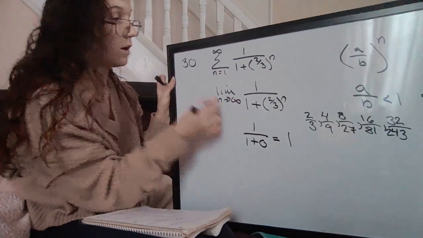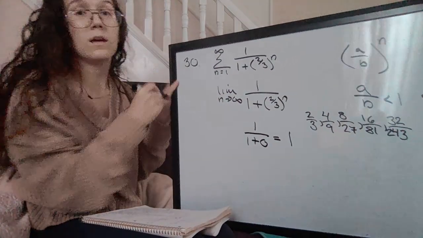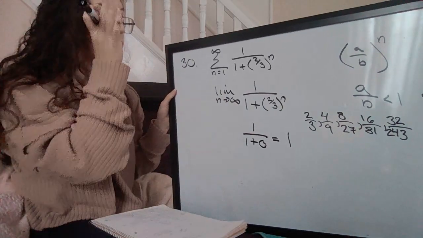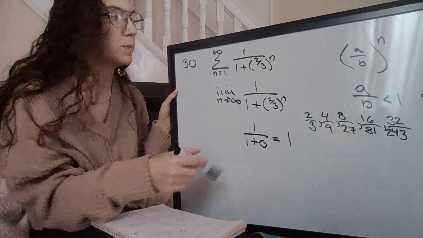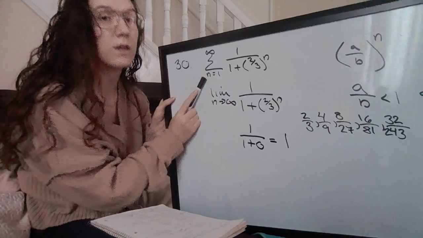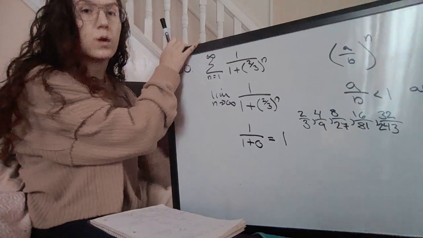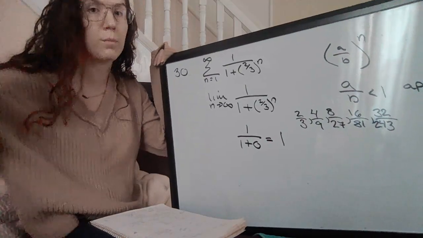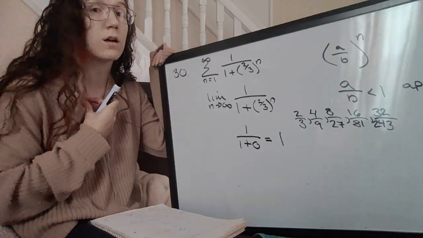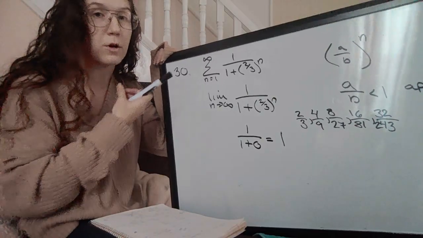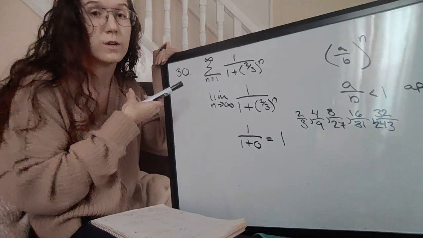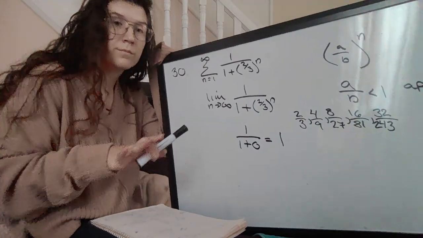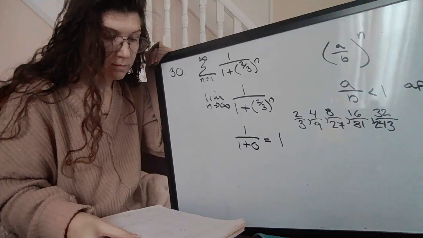And as in the example we just went over, if our limit approaches 1 as n gets big, and this is a series and not a sequence, we are going to be adding 1 over and over again, and it's going to increase our number, which makes the series not convergent because it is just going to get bigger and bigger. So our series would approach infinity. Sound good?